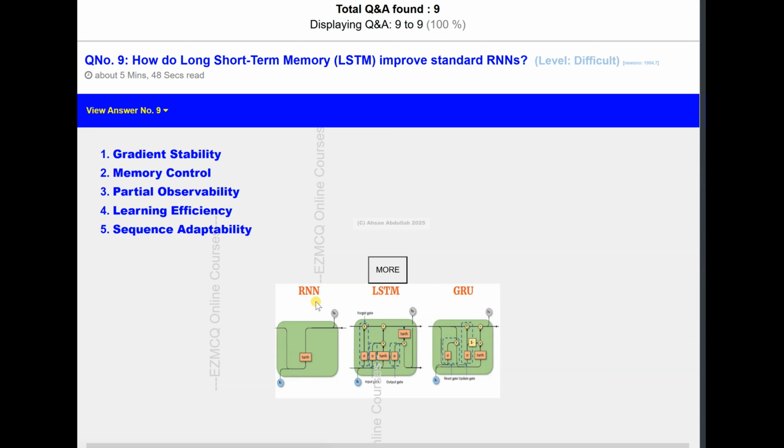Finally, there's something called sequence adaptability that allows agents to operate across variable length episodes without loss of performance. Together, these advantages make LSTMs a powerful tool for solving the optimization challenges that standard RNNs struggle with in deep reinforcement learning.